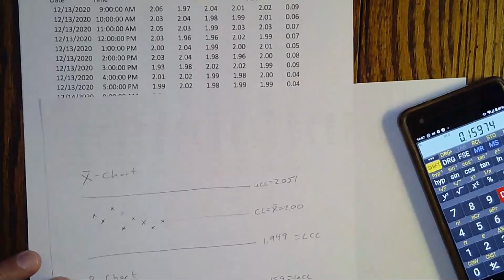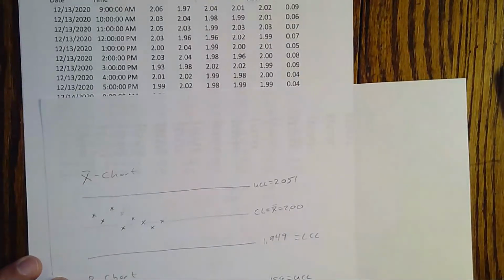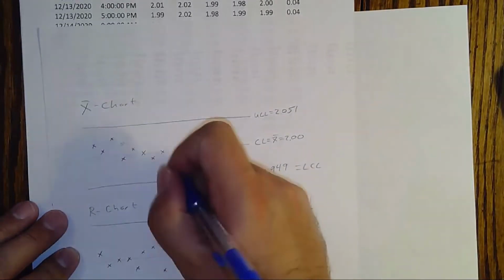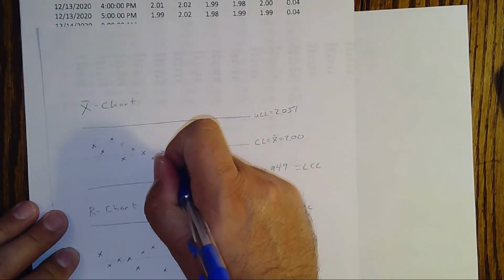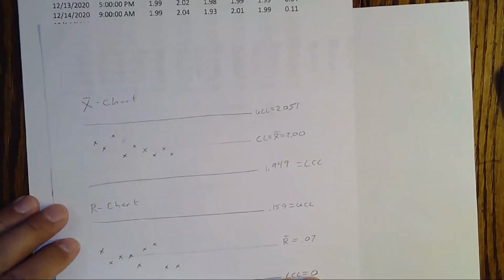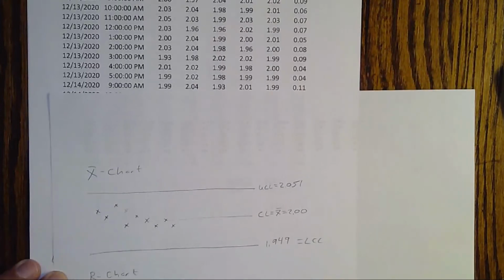Then I have 1.99 and 0.04. So 1.99, 0.04 again, 2 in a row. Then I have 1.99 and 0.11.